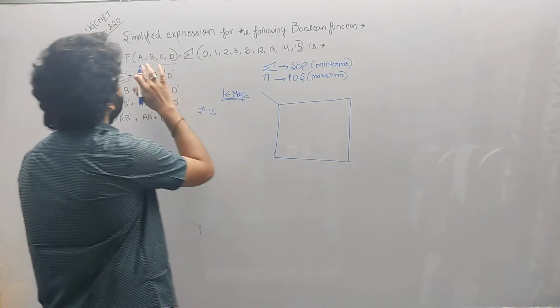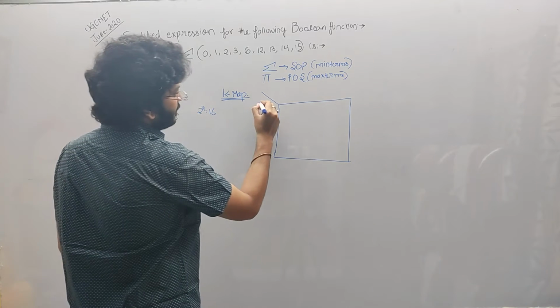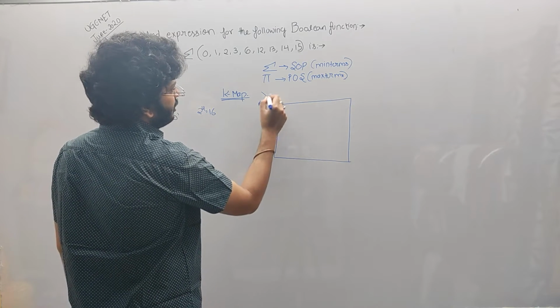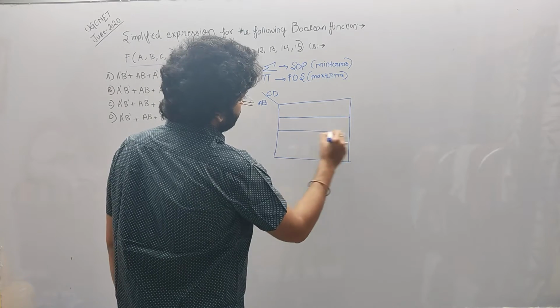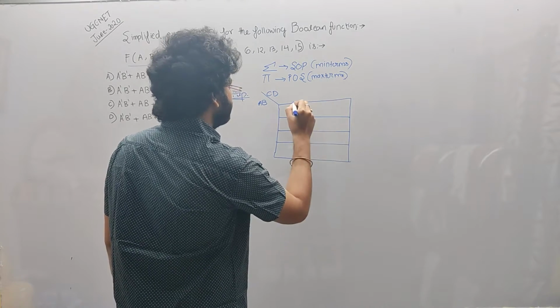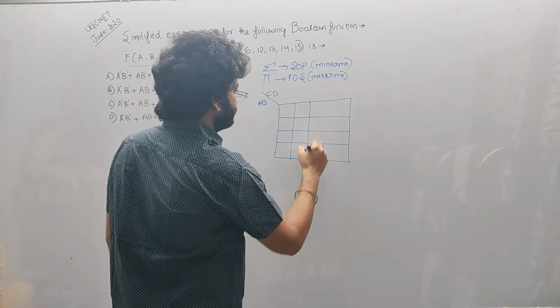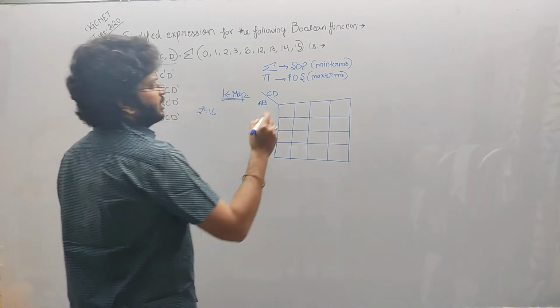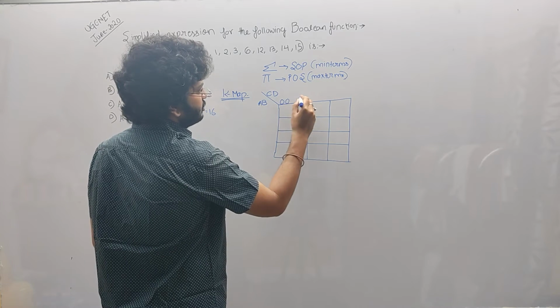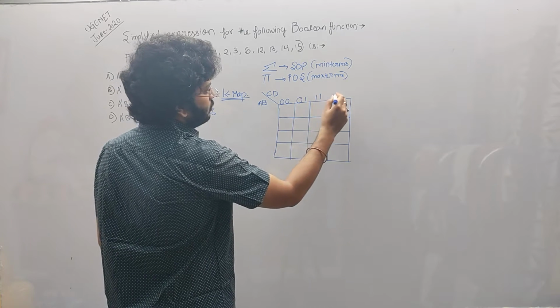We have 2 variables A, B and C, D. So 2 variables I will be writing on this side and the rest on this side. We will be having 16 places. There are some numberings here, 0 0, 0 1, 1 1 and 1 0.